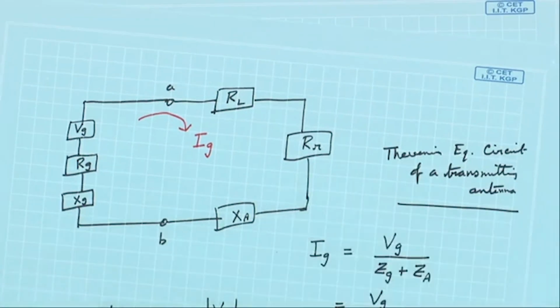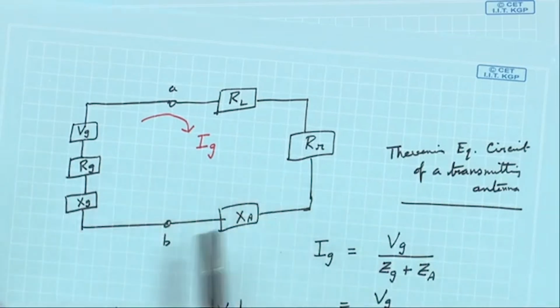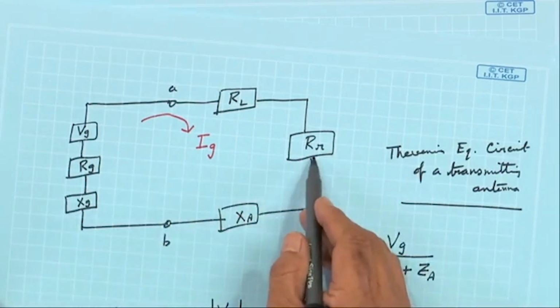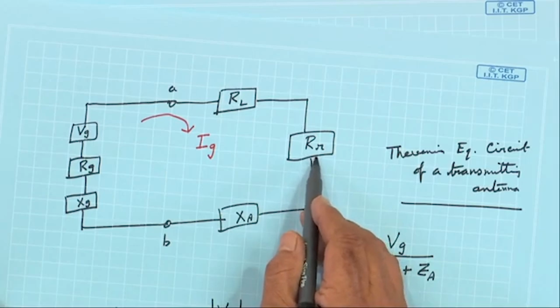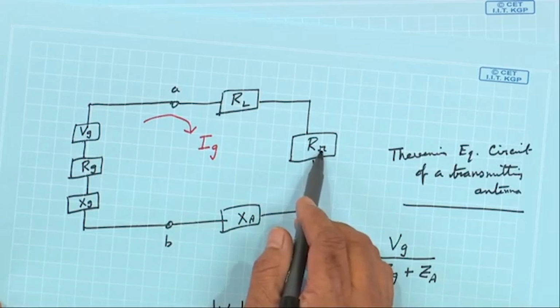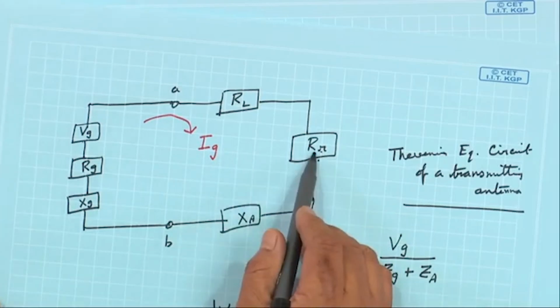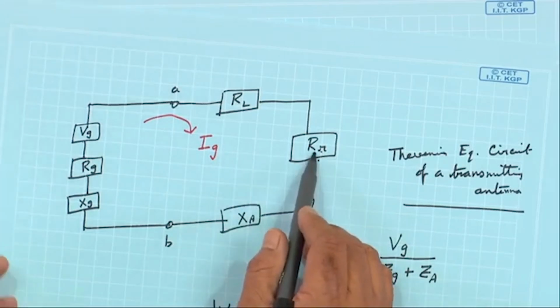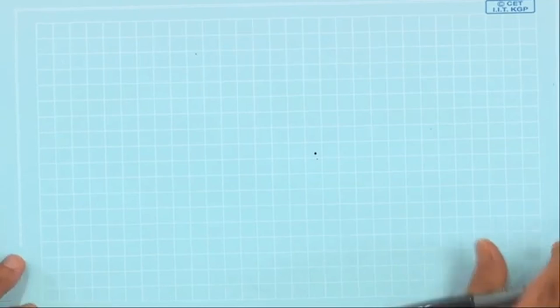So, here we can say that our objective is to maximize the power radiated. So, that means what is the maximum power that can be delivered to this radiation resistance. That will happen when we have conjugate matching.